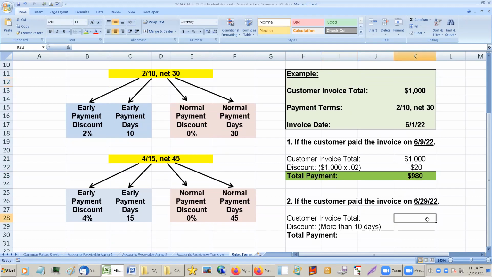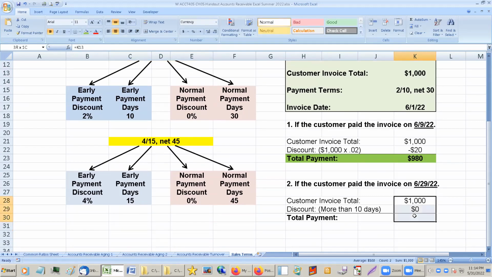Now, coming down here, if they miss the discount date, they have to pay the full thing. So if they pay it off early, they get the discount.